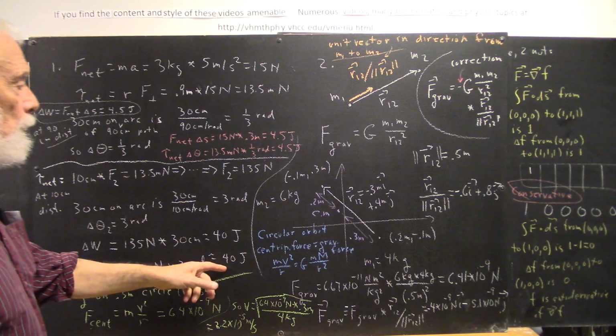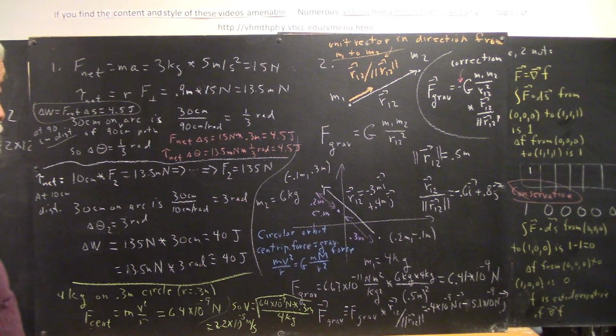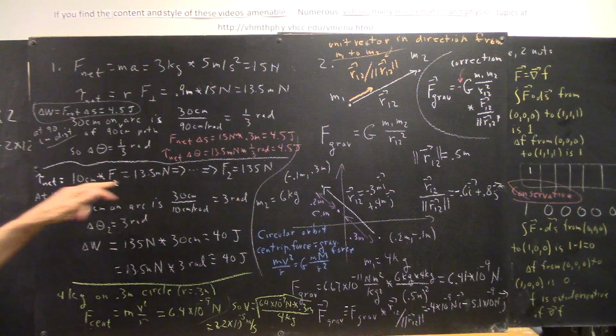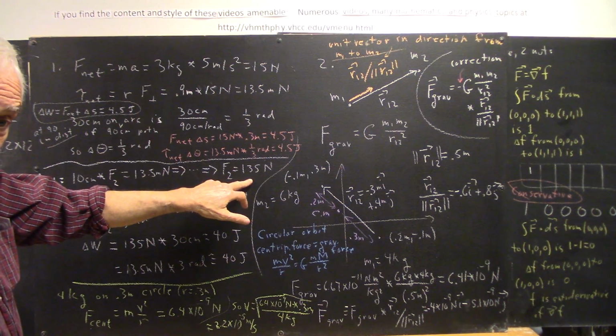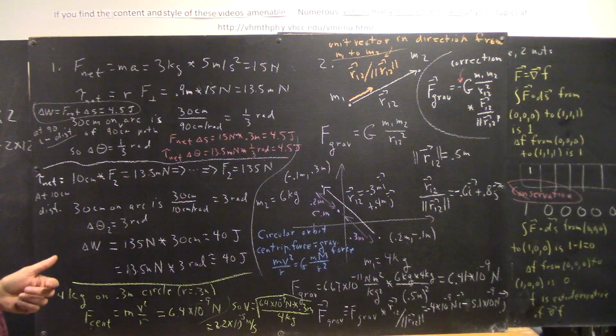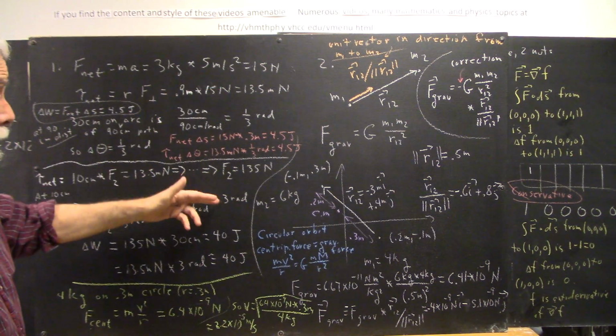Now, why do we get more work down here than we got up here? Well, 2 reasons. One way to understand it is to produce this torque at this distance, we need more force. And we're still moving through 30 centimeters of arc. 30 centimeters of arc is 30 centimeters of arc, whether it's here or here.